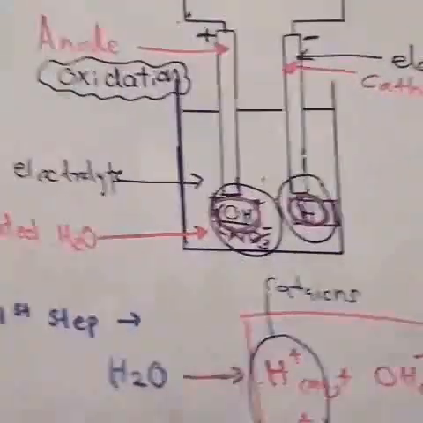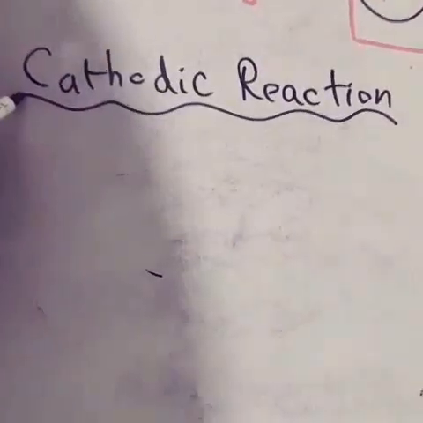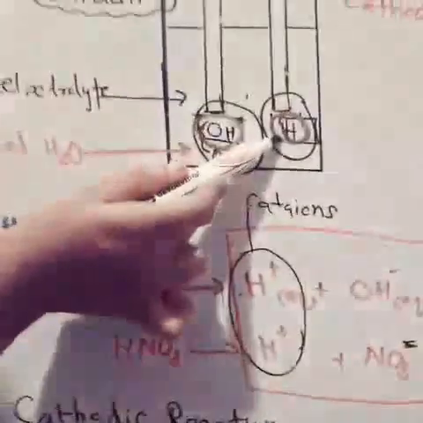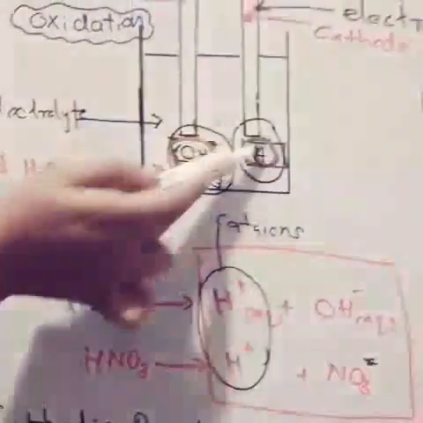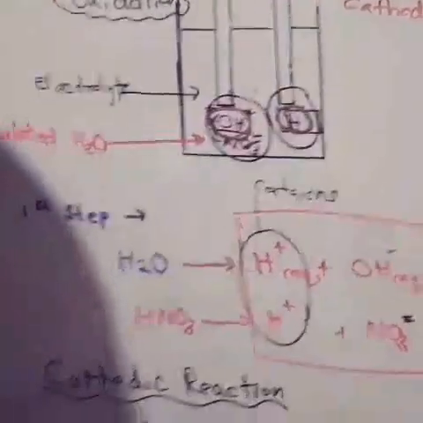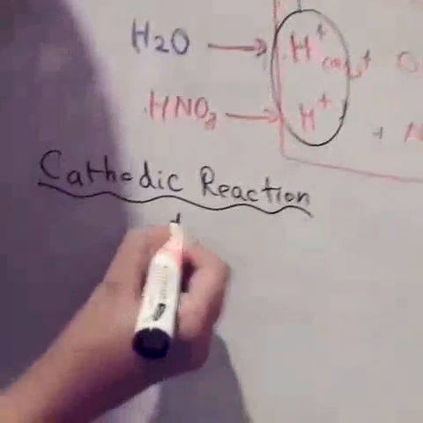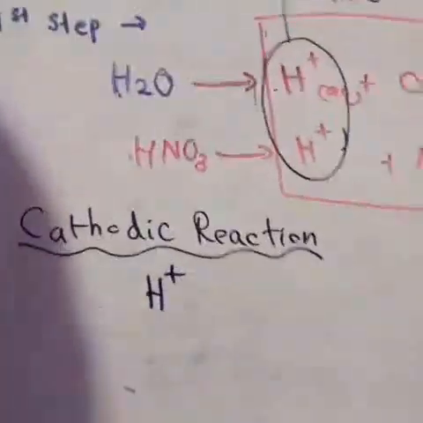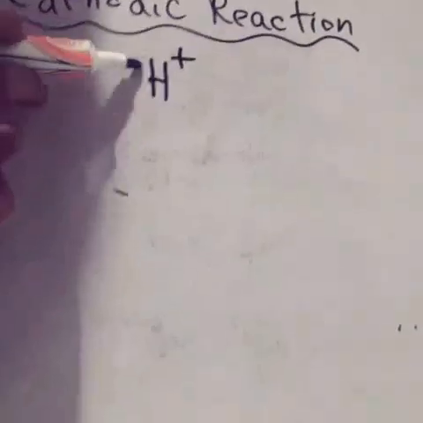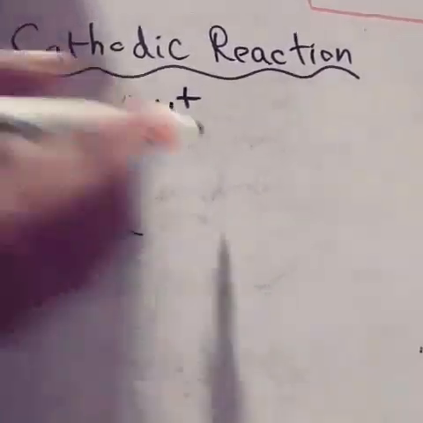Right. In the cathodic reaction, we have to observe what is the ion near the cathode. Near the cathode, hydrogen plus ions are present. Then we'll start with hydrogen plus ions. Plus signs mean protons that lack electrons. That's why they have the positiveness, lack of electrons.